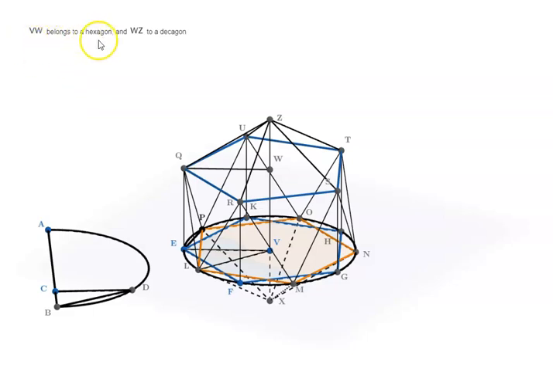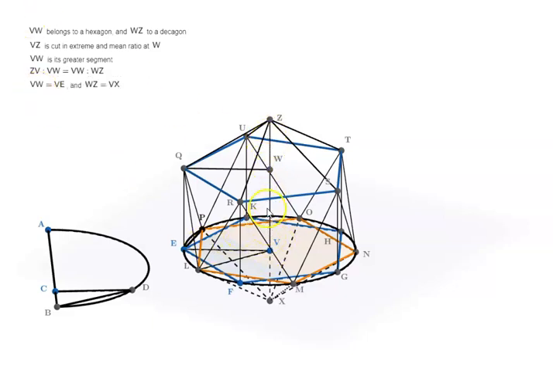Here, VW belongs to a hexagon and WZ belongs to a decagon. That means VZ is cut in extreme and mean ratio at W, where VW is its greater segment, which means ZV is to VW as VW is to WZ.